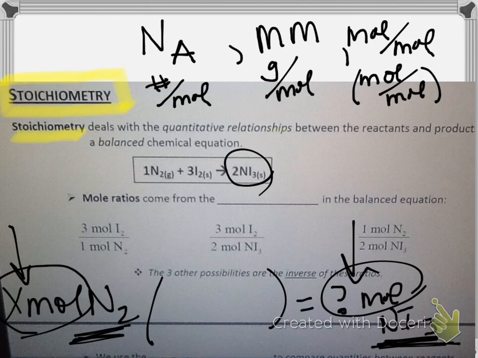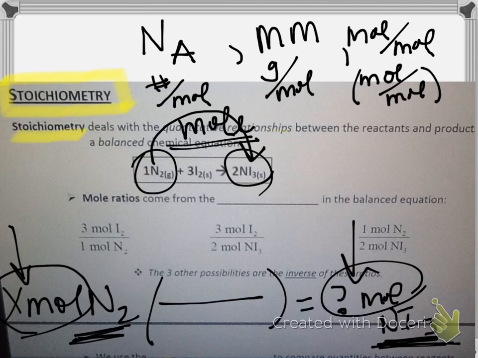The only way that you can convert the quantity of one reagent to a different reagent is to go through the mole ratio. You need the balanced chemical formula to solve this problem. If you're given moles of nitrogen, you're going to have to write moles of nitrogen in the denominator in order to cancel out not just that quantity, but also that compound.